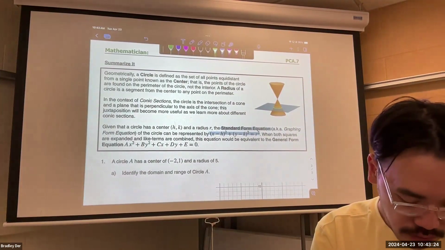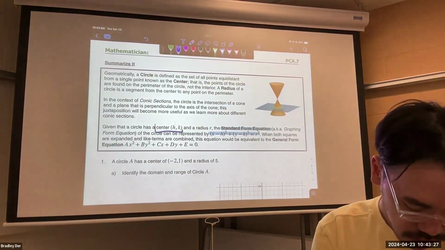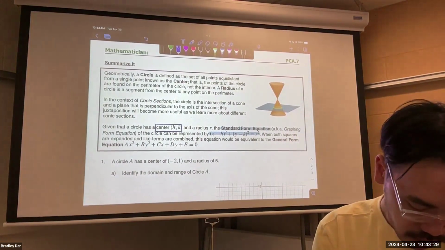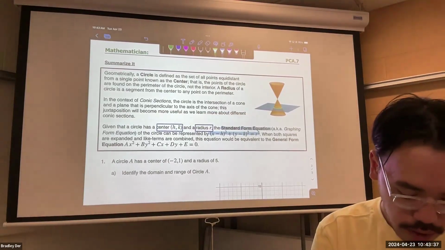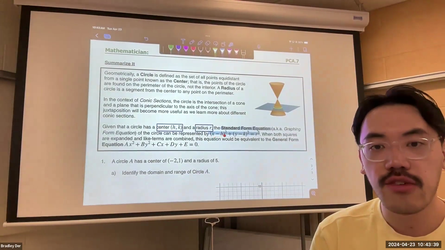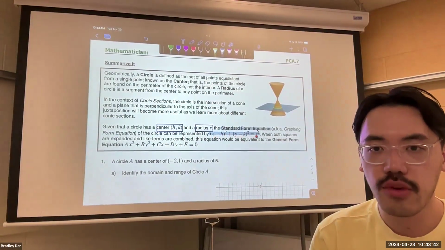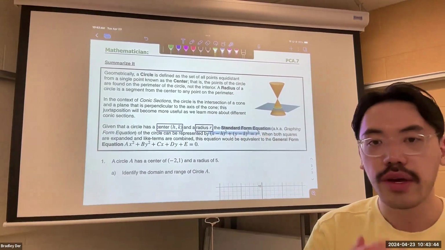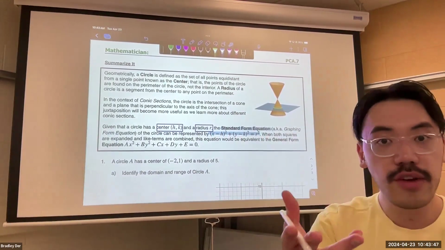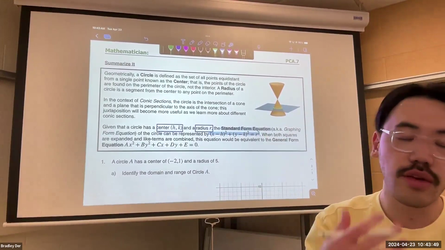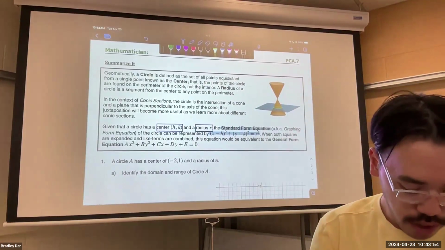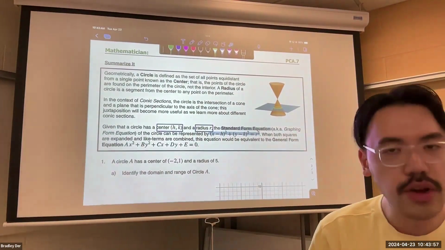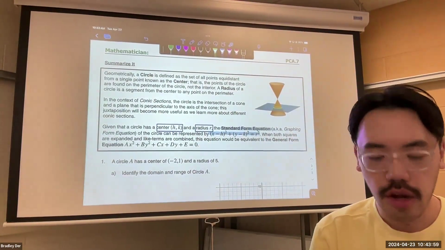If you have a center (h, k) and a radius r, then you would use those values to generate the equation for the circle: (x - h) squared plus (y - k) squared is equal to r squared. So we could give you that information and ask you to write an equation. We could give you the equation, and you have to pull out the information and then make the graph. We could give you a graph, and you have to find the information, then put that into the equation. You just have to be ready to move between all of the different representations, very similar to how we did with polynomials and trig and all that stuff.